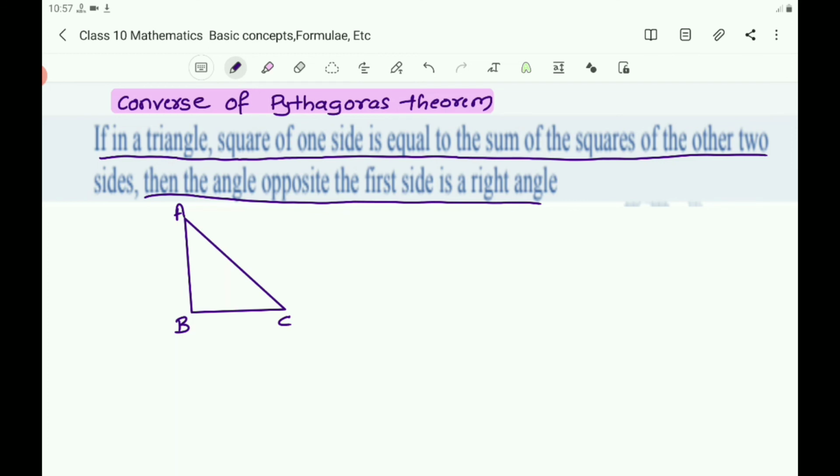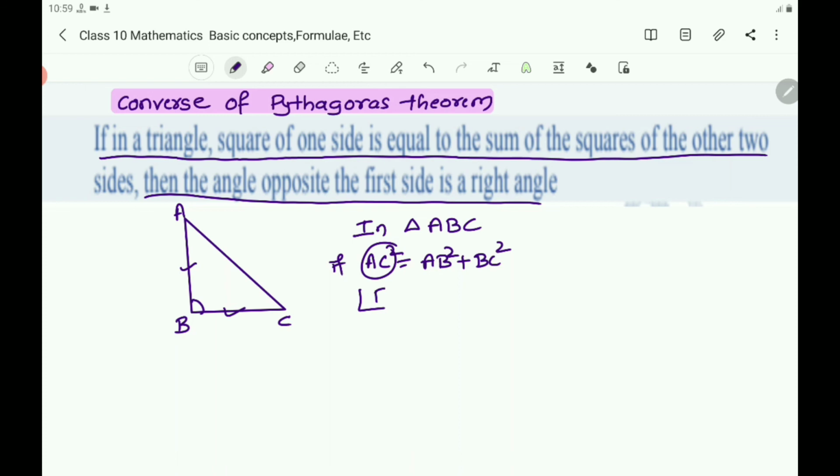So let us have triangle ABC. If the square of one side, that is, if AC square equals AB square plus BC square, then angle ABC, this is the angle opposite to AC, or this is the angle between the sides AB and BC.